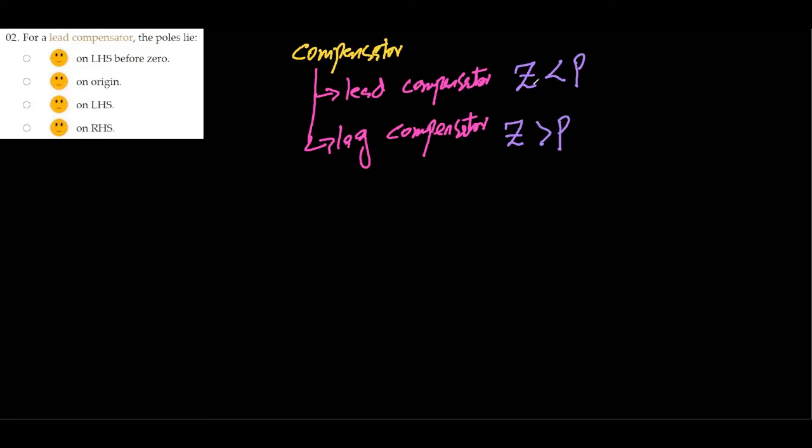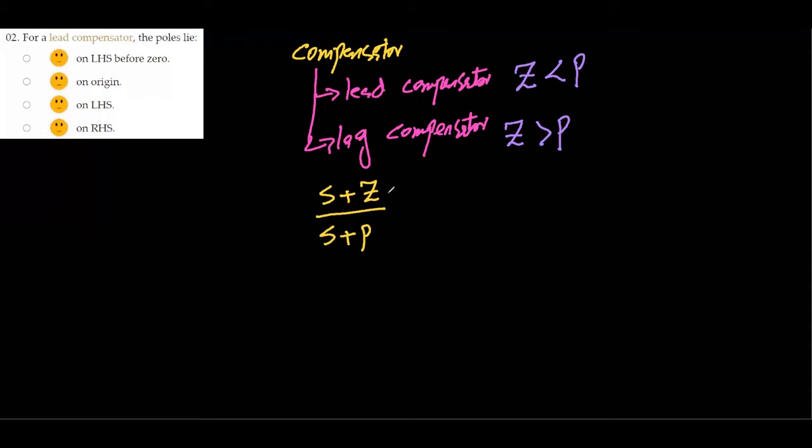Why we are taking this actually, and how will you remember this? So I am going to explain this, and why it is called lead and lag compensator. Actually, the transfer function will be in the ratio of S plus Z divided by S plus pole.